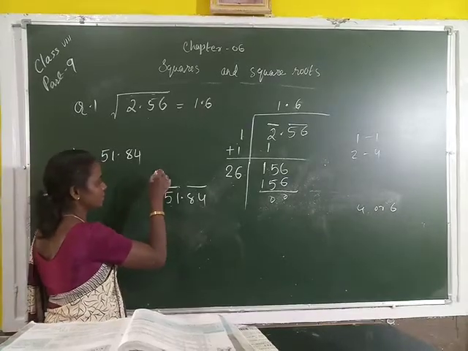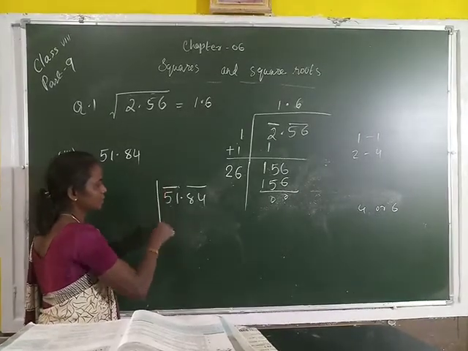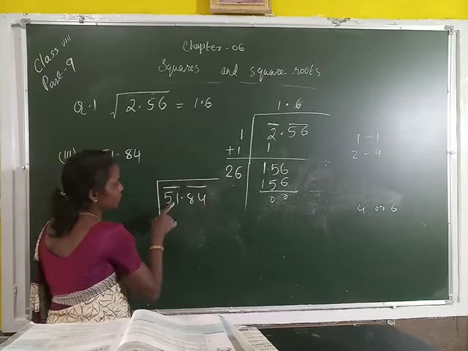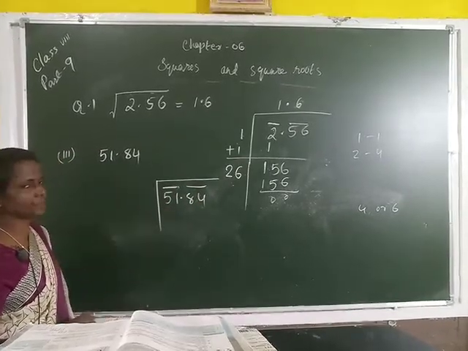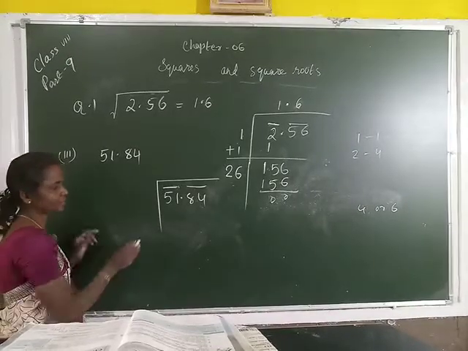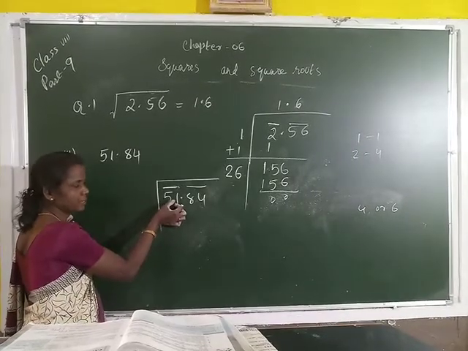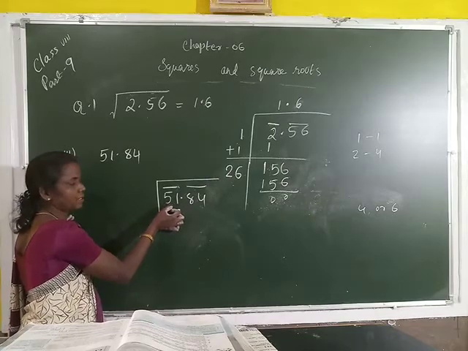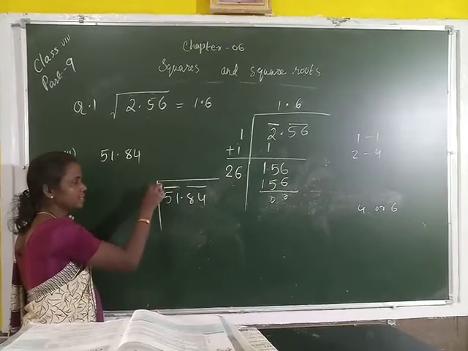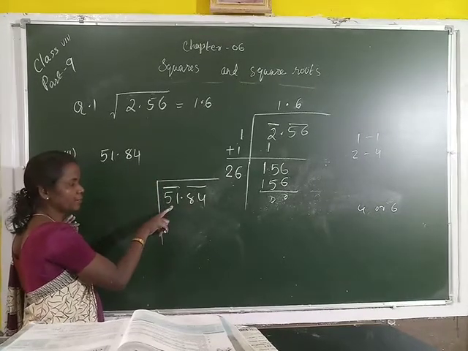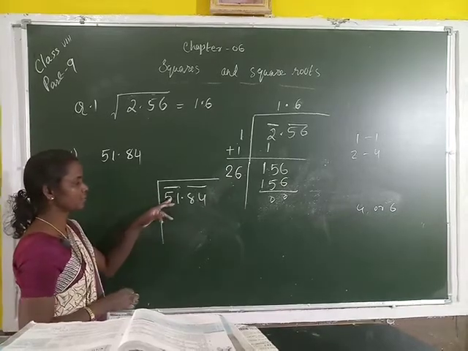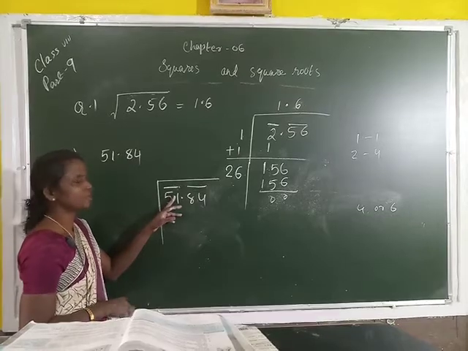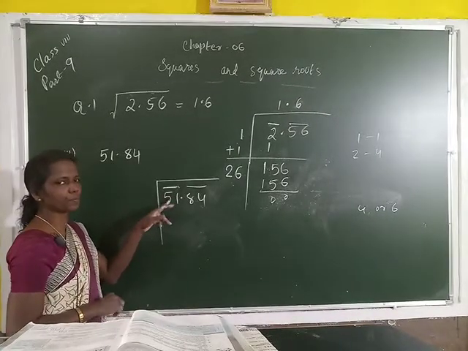The next: the first bar contains which number? 51, 2 digits. Then we look for the nearest square number of 51 or equal to 51. So this 51 is not a square number. So we take the nearest square number of 51.